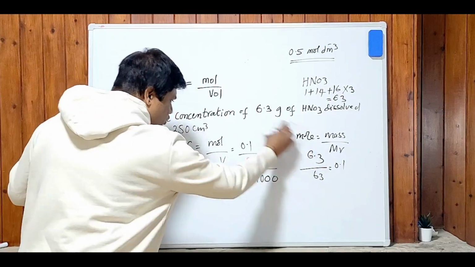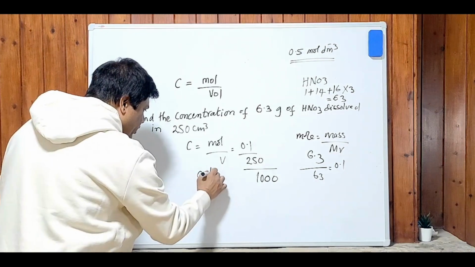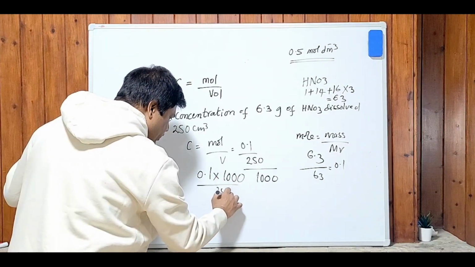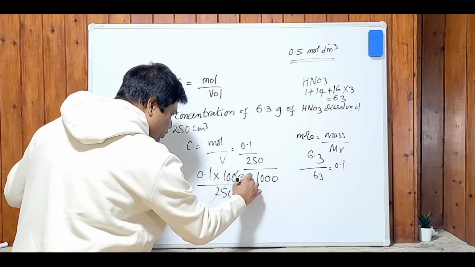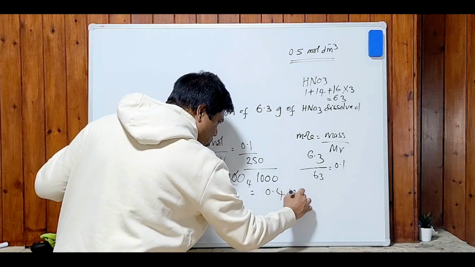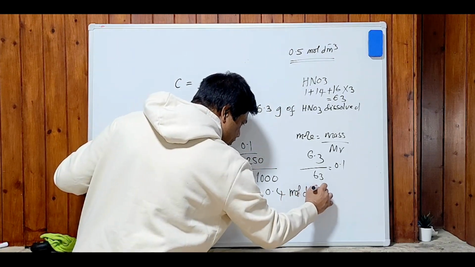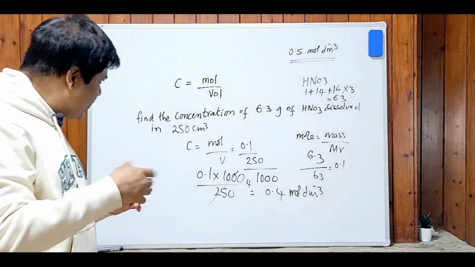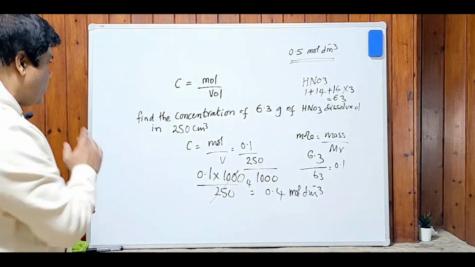Take this 1000 to the upper side. So 0.1 times 1000 divided by 250. Let's cancel by 4 times. So what's the answer? 0.4. And what's the unit? Mole dm minus 3. So this is the way we can work out questions based on concentration.